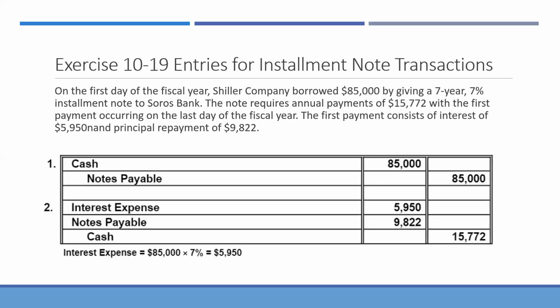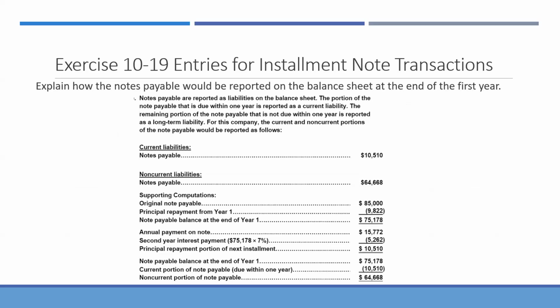So the journal entry will be, we get $85,000 in cash, so a debit to cash, and then a credit to cash for the annual payment, a debit to interest expense, and a debit to notes payable. Then at the end of year one, our balance is $75,178. And so we multiply that by 7% and we get our interest in the following year of $5,262, and then our principal in the next year of $10,510.